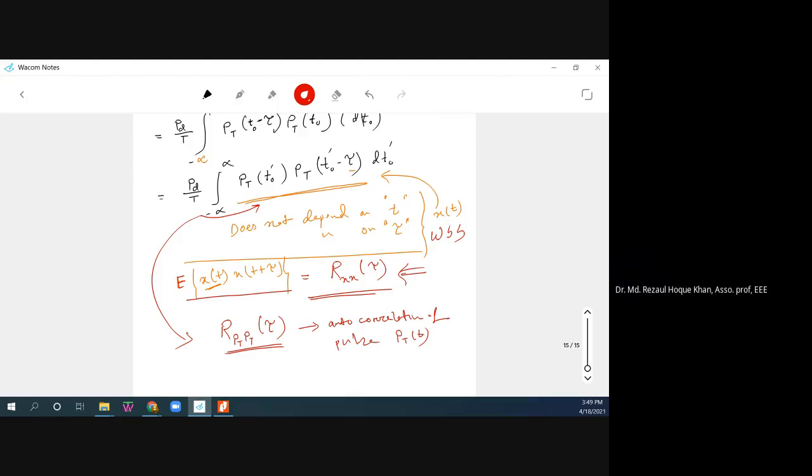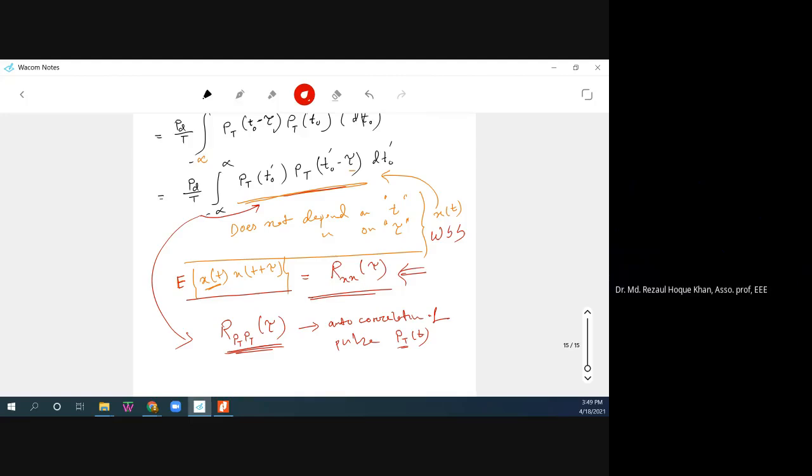So we can make this statement: the expression is independent of t, which makes it wide sense stationary because it only depends on tau, it becomes time invariant, and the autocorrelation of this pulse function has this expression.